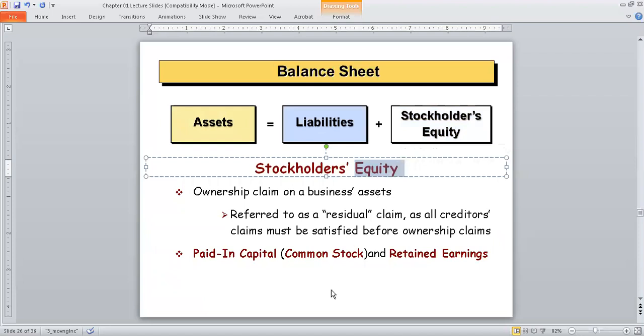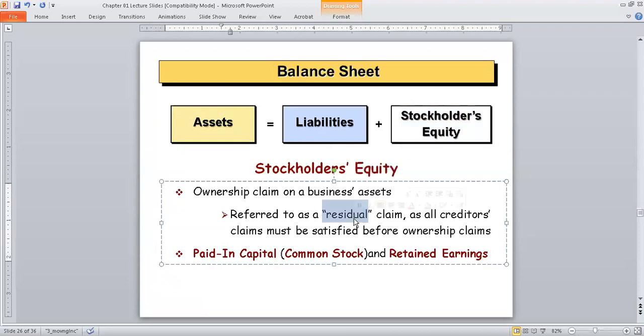Equity, as we know, is ownership interest. And again, it's a residue. It's what's left over after liabilities have been satisfied. So you can actually write the basic accounting equation in a little bit different way.